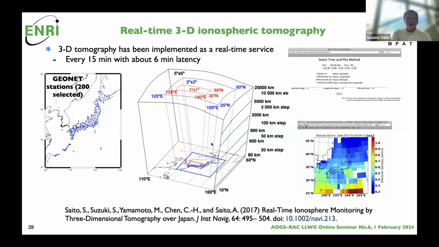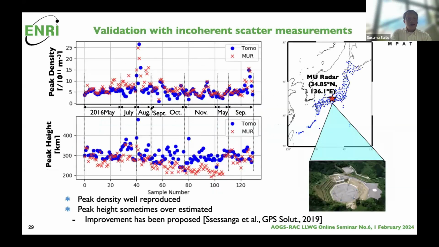It was basically by the update of the hardware, and we validated the results of the tomography by using the incoherent scatter measurement by the MU radar operated by Kyoto University, Japan.